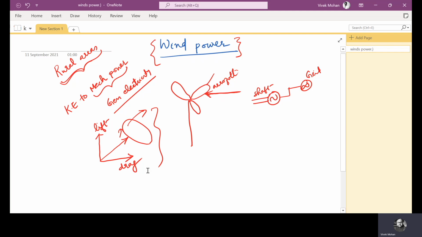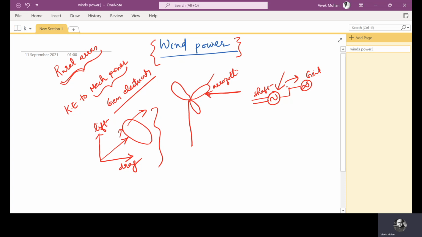Basically the wind flows over the airfoil shaped blades, causing lift, like the effect of aeroplane wings, causing them to turn. Then the blades are connected to a shaft that turns the electric generator to produce electricity.